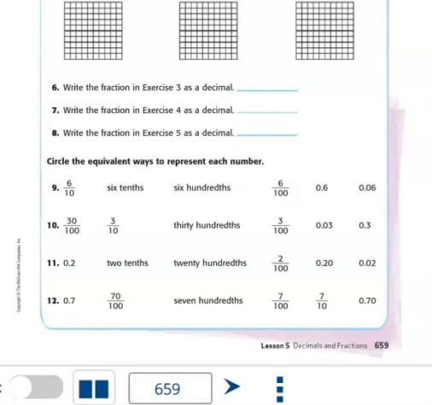I'll do one just for fun. 30 hundredths is one way. 3/10 is equivalent to that. 30 hundredths is this fraction in word form. 3 hundredths is not the same as 30 hundredths, because the denominators are the same, but the numerators are different, so those can't be the same.